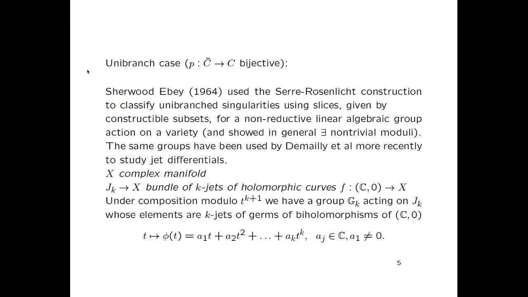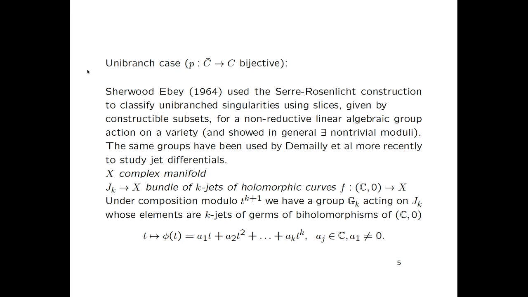And in his construction he ended up using slices rather than a quotient for a certain non-reductive linear algebraic group action. And in a sense, what he should have been doing was taking the quotient by this non-reductive linear algebraic group action, but there wasn't a theory to allow him to do that.